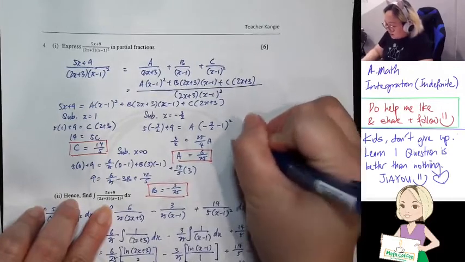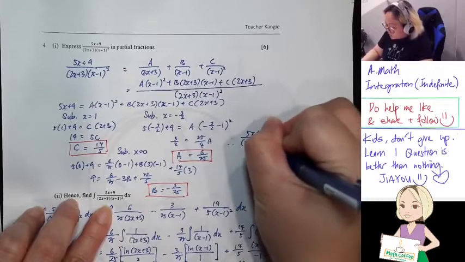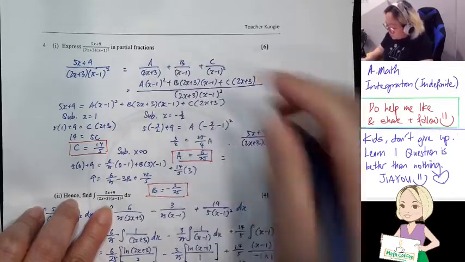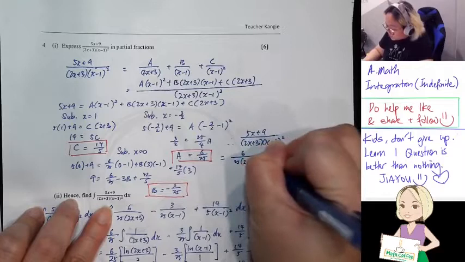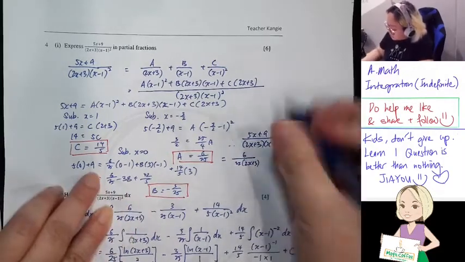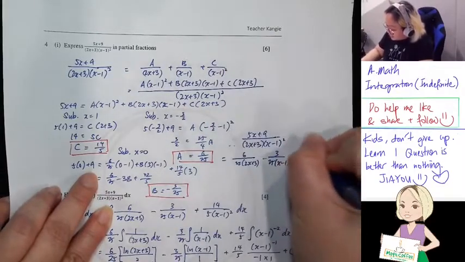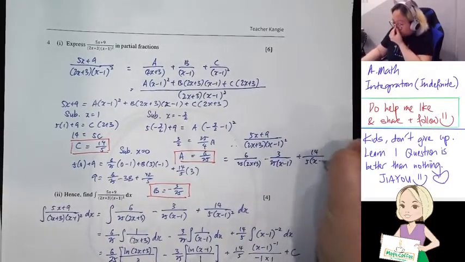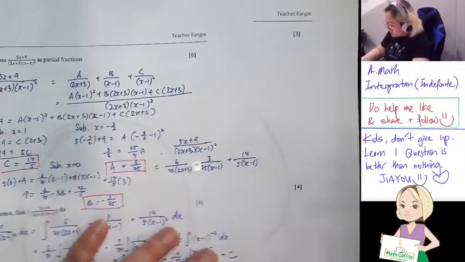You will say, therefore, 5x plus 9 over 2x plus 3 and x minus 1 squared is equal to 6 over 25 times 2x plus 3, plus B, which is minus 3 over 25 x minus 1, plus 14 over 5 x minus 1 squared.